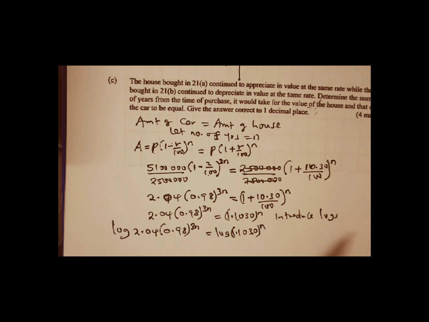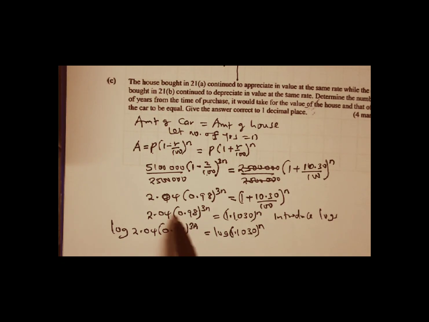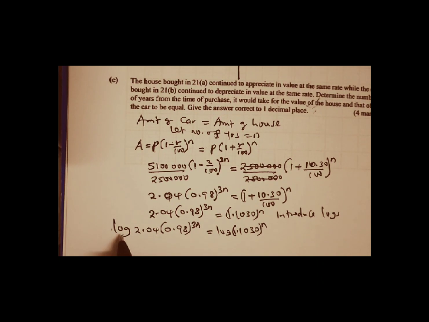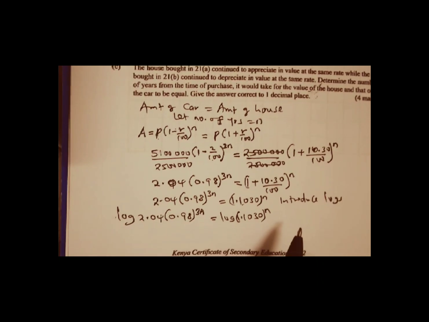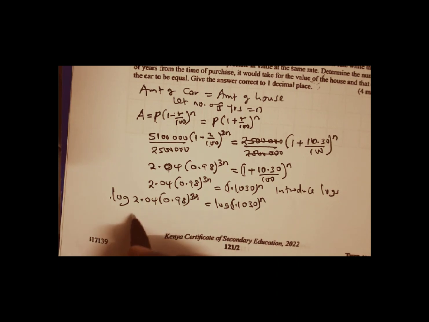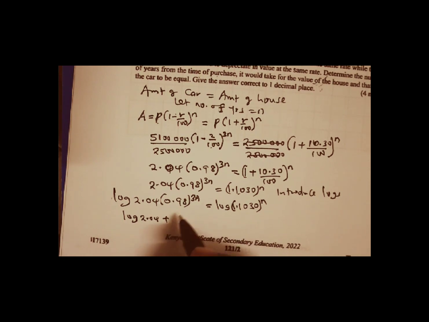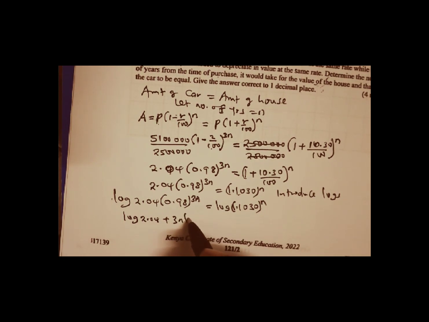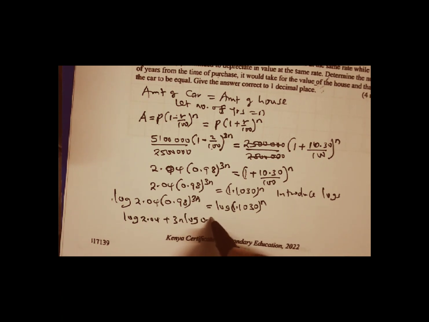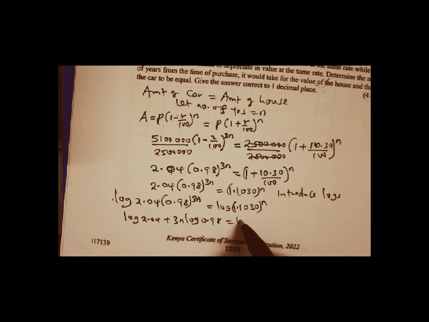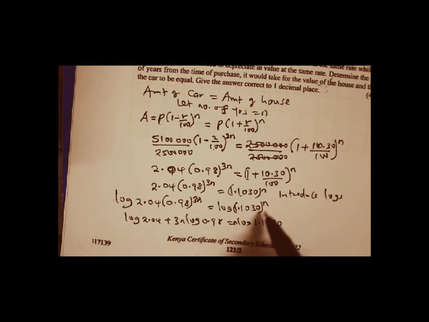Going by the rules of logarithms, we multiply the power in front of the logarithm, and this is expressed as the log of 2.04 plus 3n log 0.98 being equal to the log of 1.1030, but n on this other side is going to multiply in front.